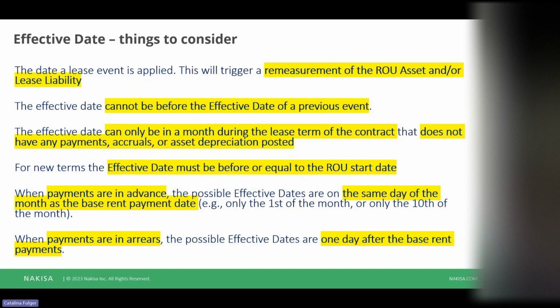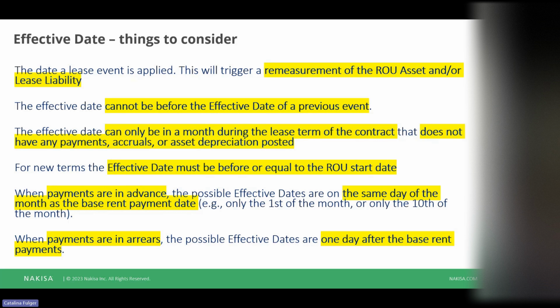Then, of course, you need to think of the term that you are entering. So you enter a term that either starts in that month or starts in the future. That's why the ROU start date of the new term has to be in the period that you are choosing or in the future.